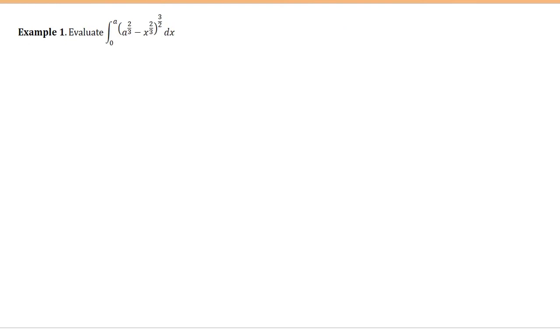Example number 1, we have to evaluate the integral of the quantity a to the 2/3 minus x to the 2/3 raised to 3/2 dx, limit from 0 to a.